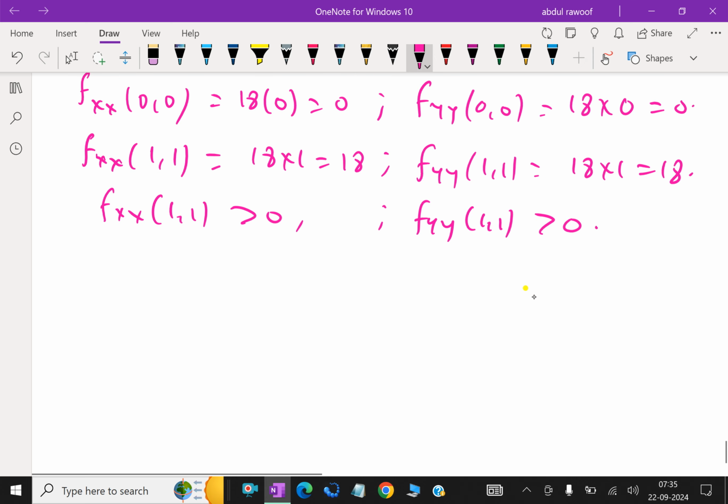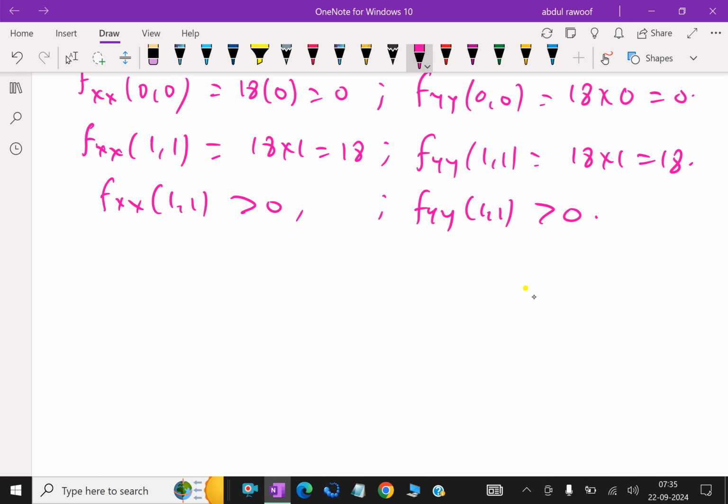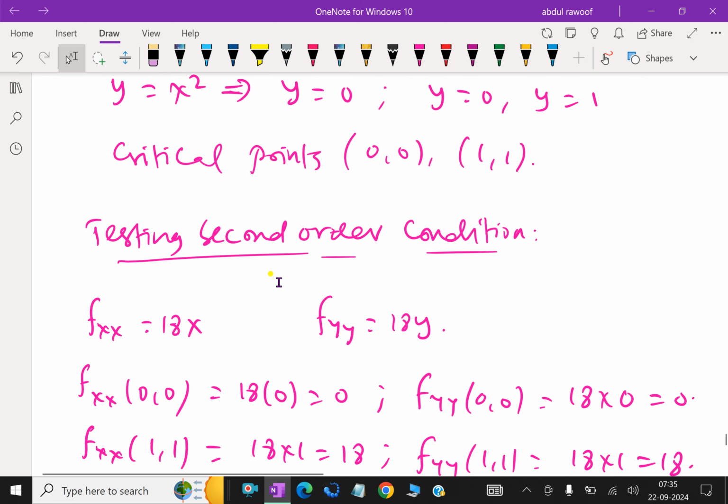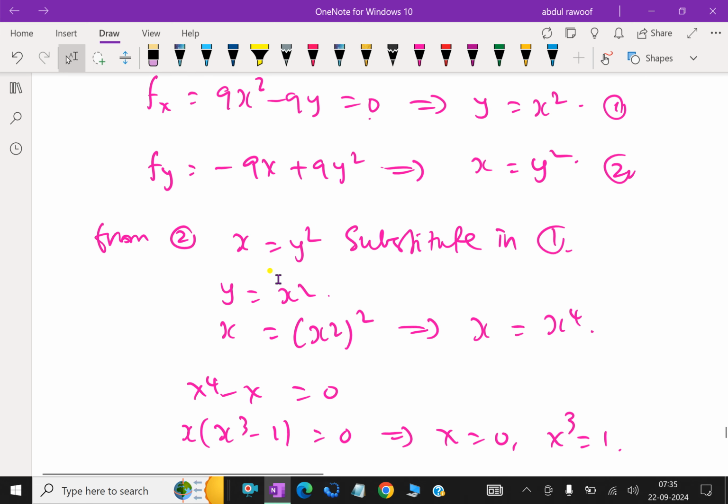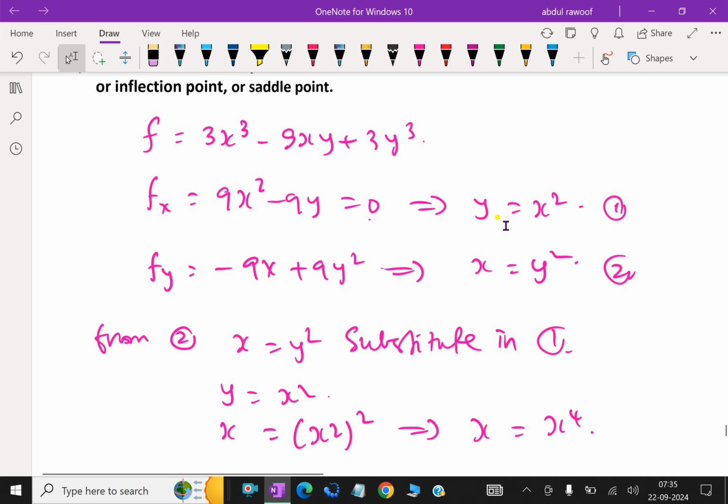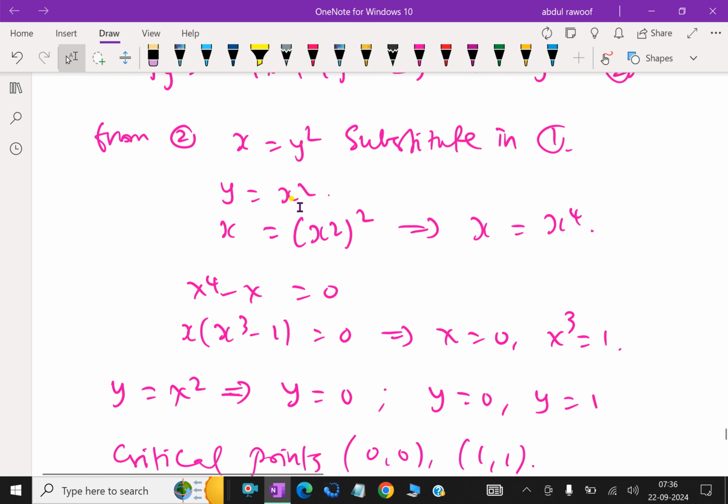Now for another condition, the cross differentiation, which is fxy. That means the derivative of fx with respect to y. The differentiation with respect to y is a constant, that is we have minus 9.